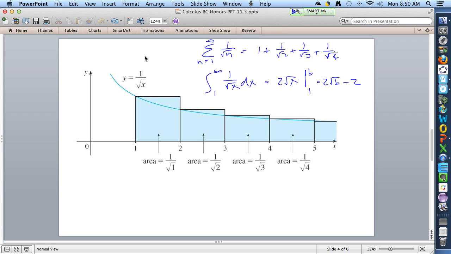The area of the second rectangle is equal to the second term. So this time, you told me that the red area diverges. Well, if the red area diverges, what must be true about the rectangles? In this case, the rectangles are overestimates.